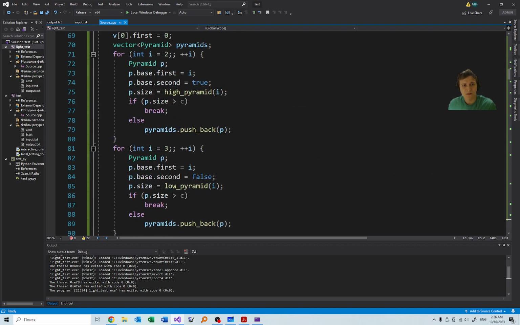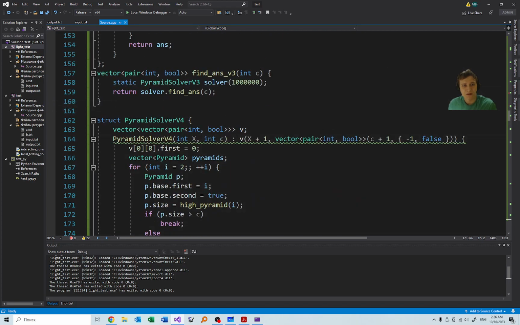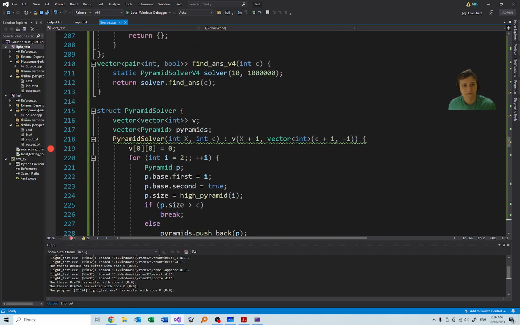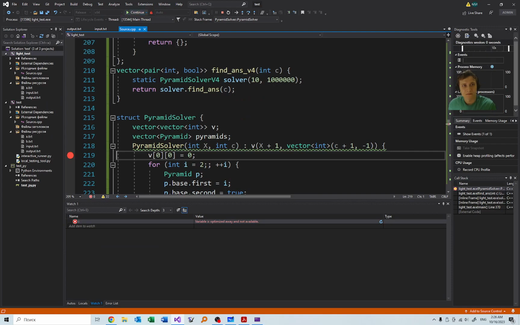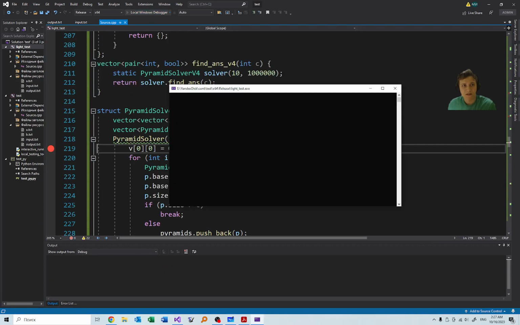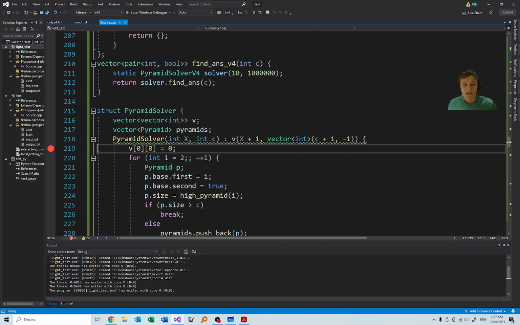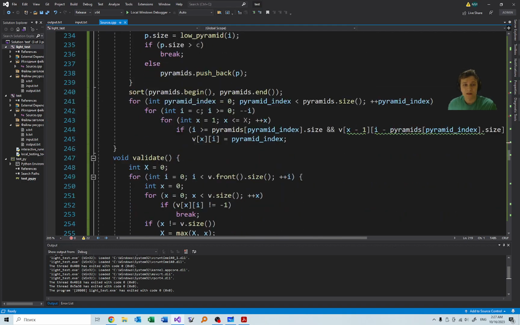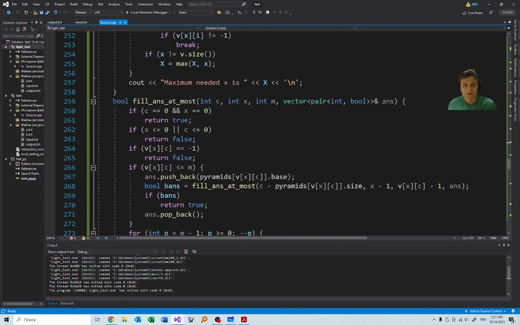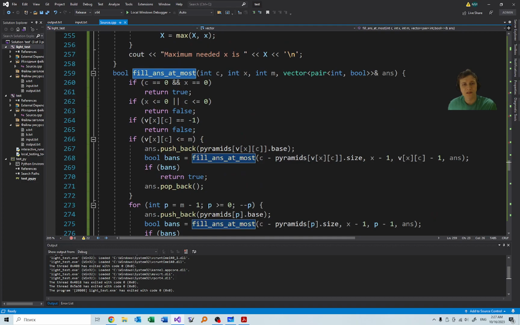Like v1, v2, dp solver v3, dp solver v4. Does it do it? No, I think it doesn't do it. Still the solution is too slow for some reason. This is fine if this is because of this strange function.